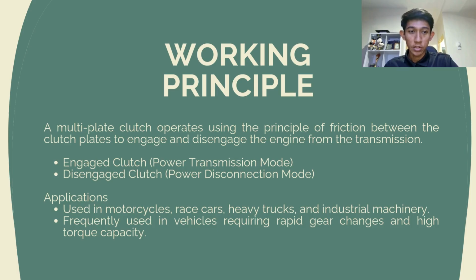And for the disconnection mode, when the clutch lever or pedal is pressed, the release mechanism pulls the pressure plates away, reducing the contact force between the plates. The friction is lost and the plates can slip against each other, disengaging the engine from the transmission, and this allows the gears to be shifted smoothly without power going to the transmission itself.